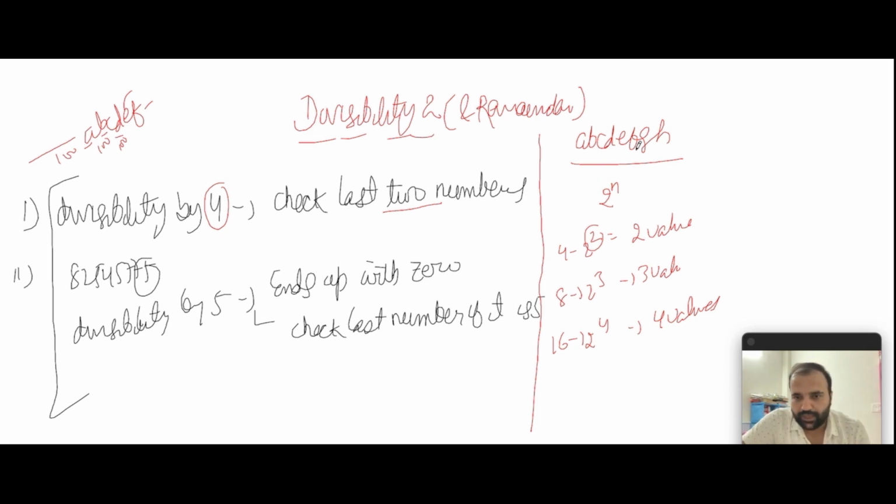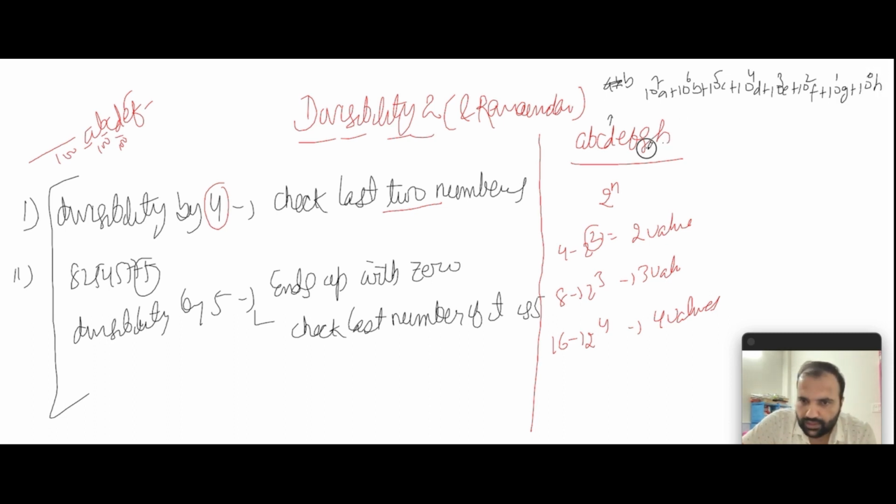I've already explained this: if we do A into B, and break this down and write it in standard mathematical language, this portion can be written as 10 to the power 7 times a, plus 10 to the power 6 times b, plus 10 to the power 5 times c, plus 10 to the power 4 times d, plus 10 to the power 3 times e, plus 10 to the power 2 times f, plus 10 to the power 1 times g, plus 10 to the power 0 times h.